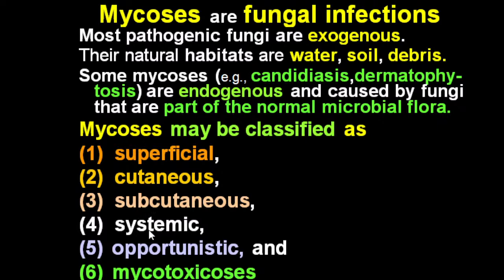What does it mean, systemic? It means they cause not local infection, like, for example, cutaneous or subcutaneous, but generalized and spread within the body through blood or lymphatic. And also, one category of the mycoses is opportunistic mycoses.